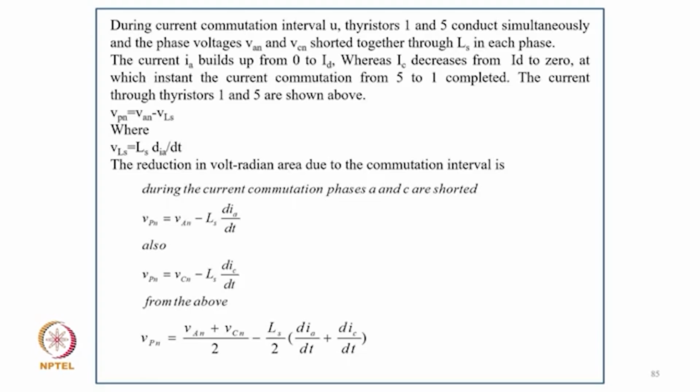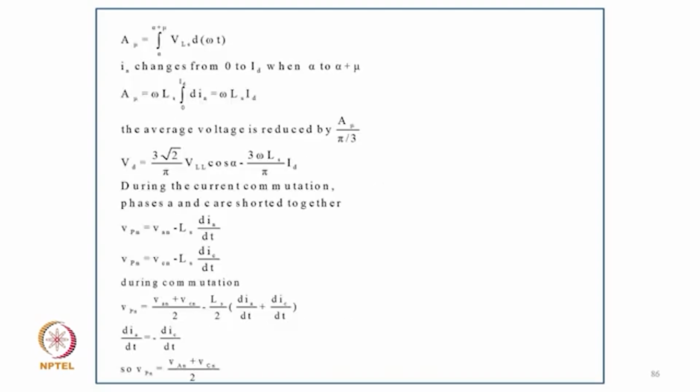From the above we get Vpn equals (Va plus Vc) by 2, minus Ls upon 2 in bracket dia upon dt plus dic upon dt. And Au equals the integral from alpha to alpha plus mu of VLs d omega t, and Ia changes from 0 to Id when alpha changes to alpha plus mu, so Au equals integral of omega Ls di from 0 to Id, that becomes omega Ls Id.